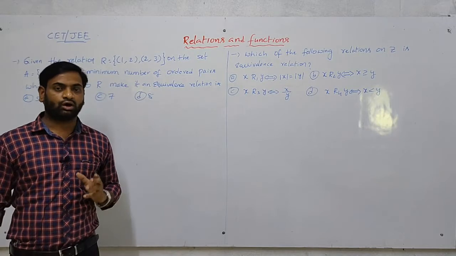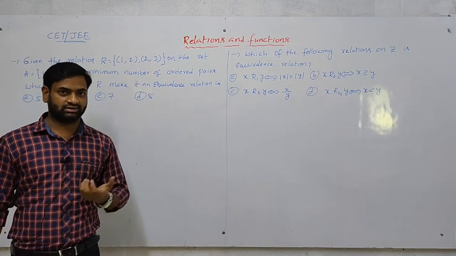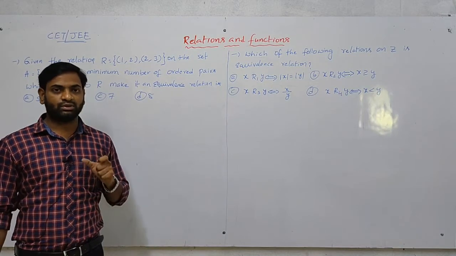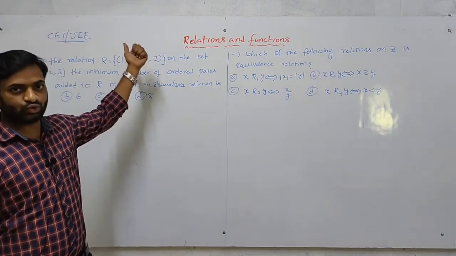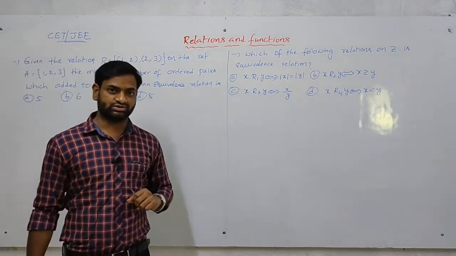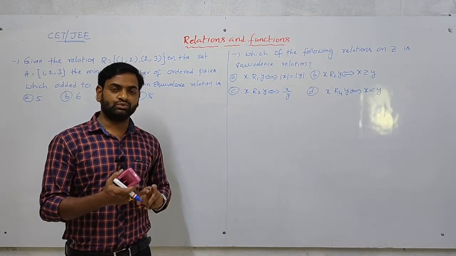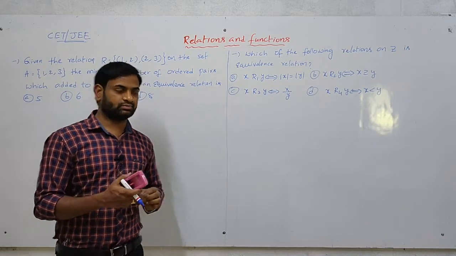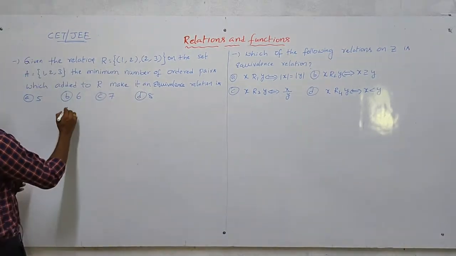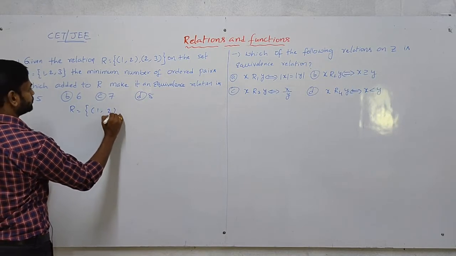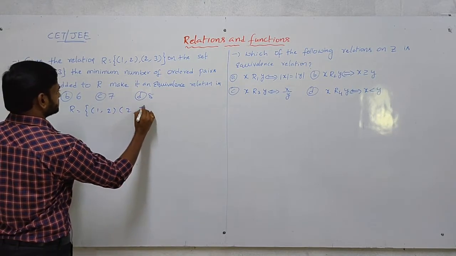How many ordered pairs do I have to insert to make it an equivalence relation? Equivalence means it should be reflexive, symmetric and transitive. The given set R is 1, 2 and 2, 3.